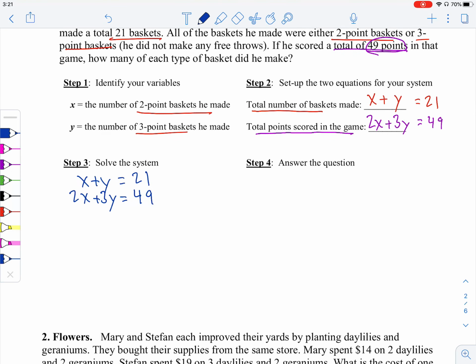So again, we could multiply the top equation by 2, and the bottom one we won't have to do anything to. They're both the same sign though, both positive, so I have to make one of them negative.